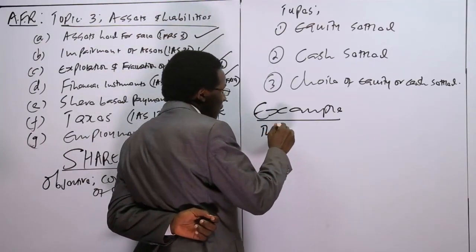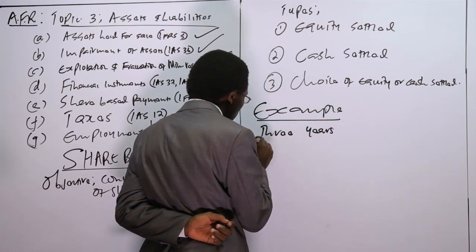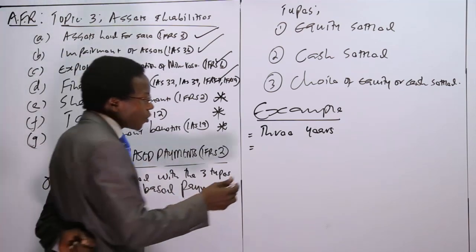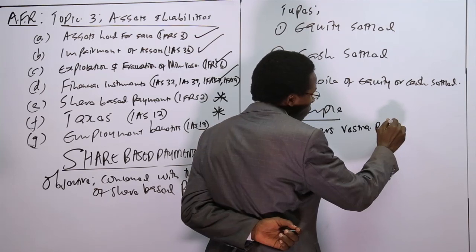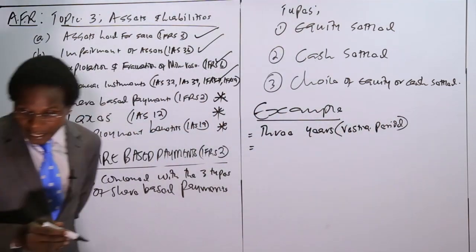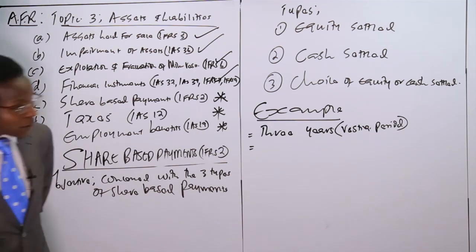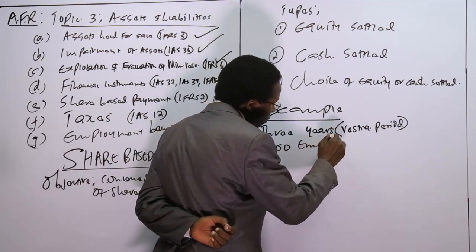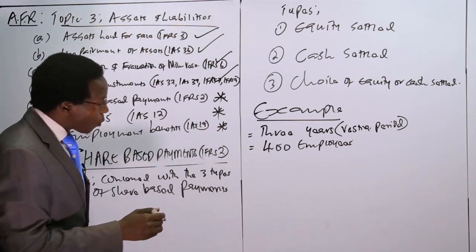Fine. Now you have noticed in that example, there are 3 years. That's the vesting period. Then another item we have been given from that example is that there are how many employees? 400 employees. How many options?